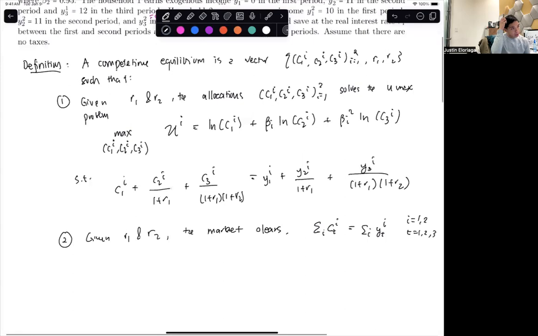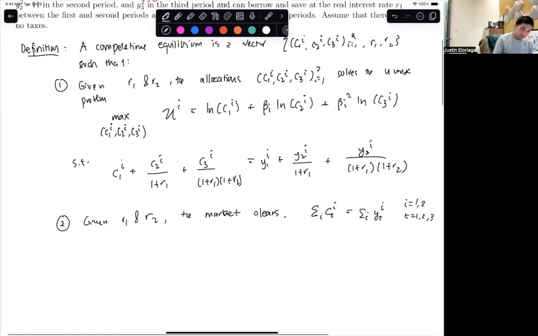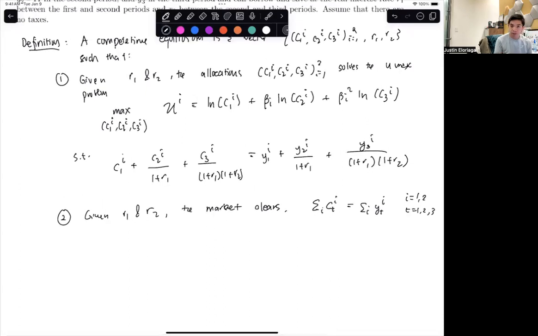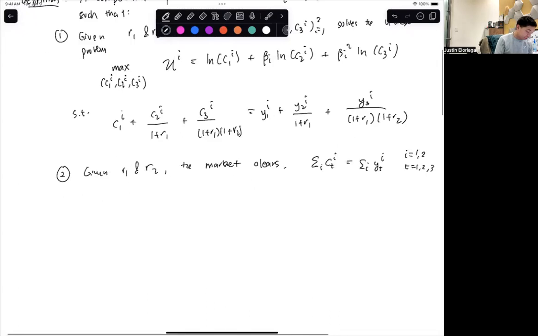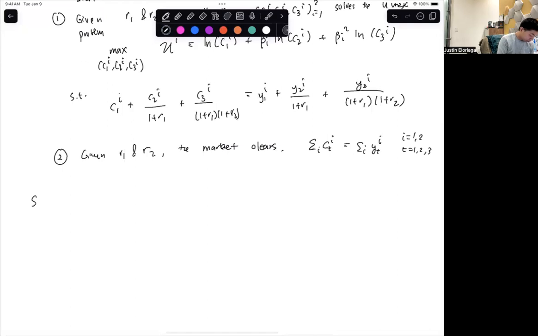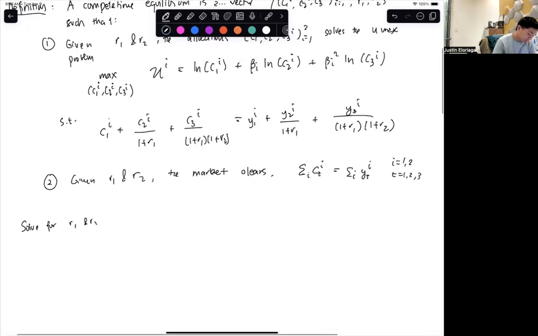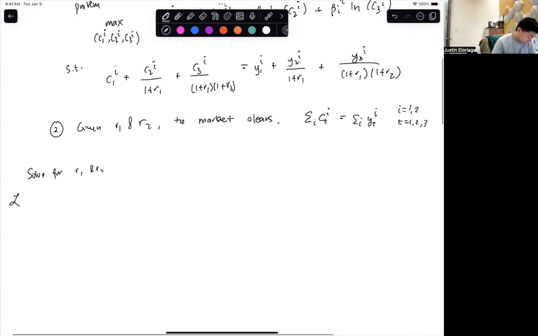Now we need to find a way to solve for it. The only thing left for us really is to solve for what R1 and R2 are. So here we solve for R1 and R2. How would we get that? What we can do is form the Lagrangian.